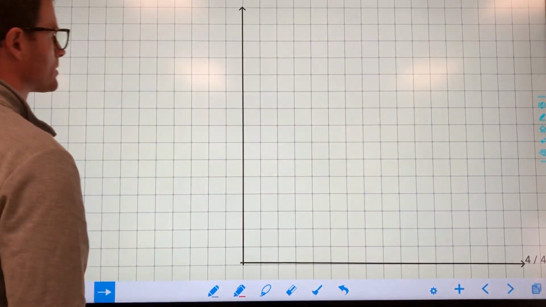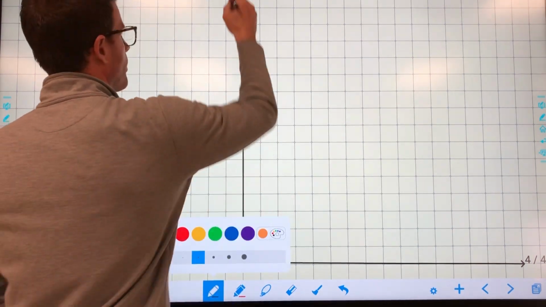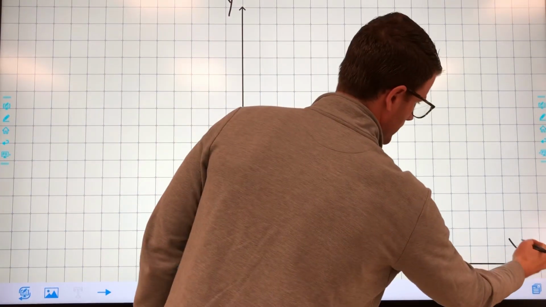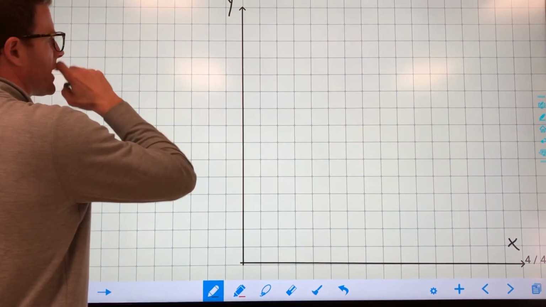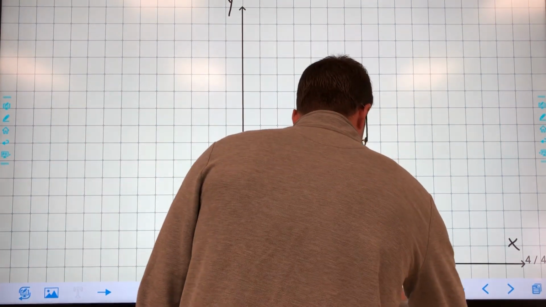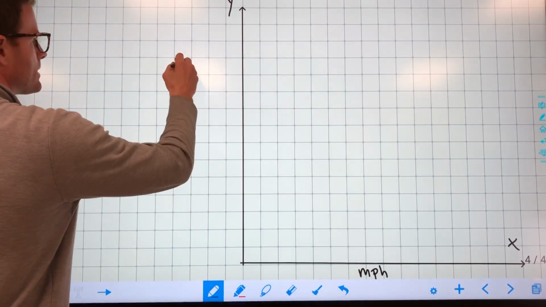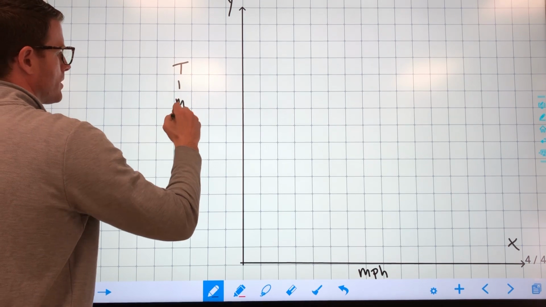I know that this is my y-axis, x-axis, and my input is my speed, miles per hour, and my output is my time in hours.